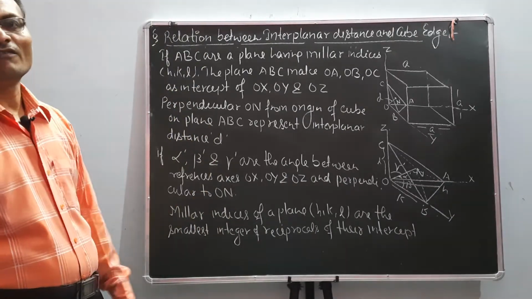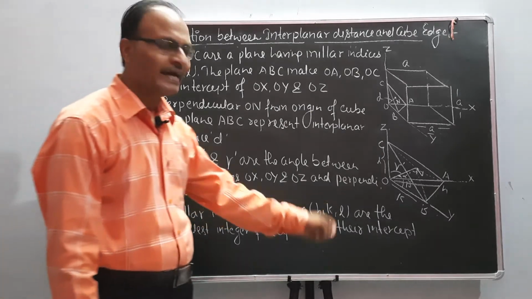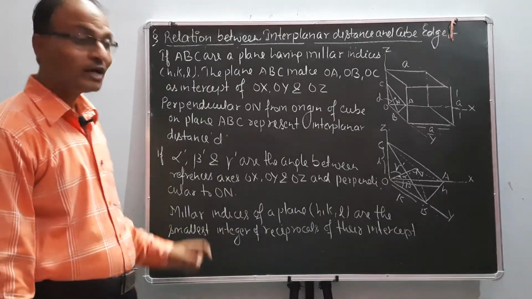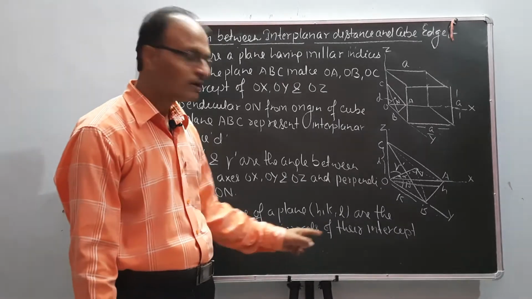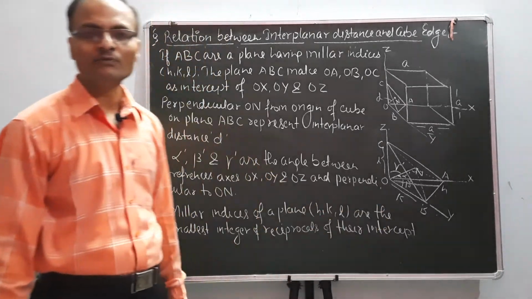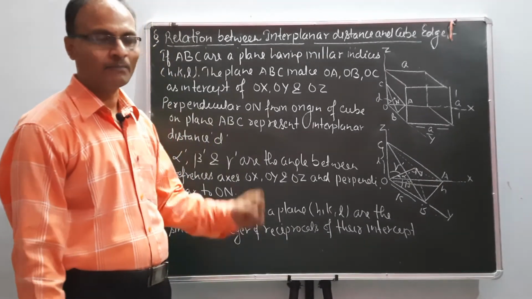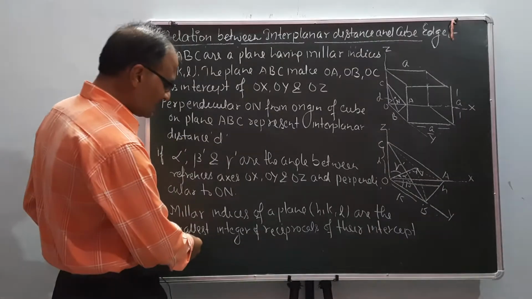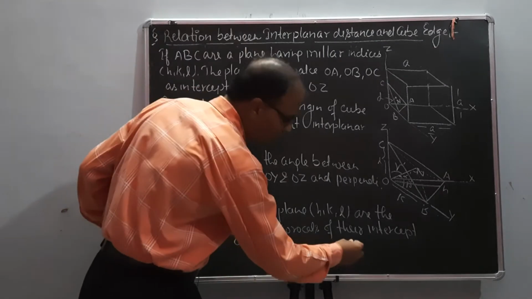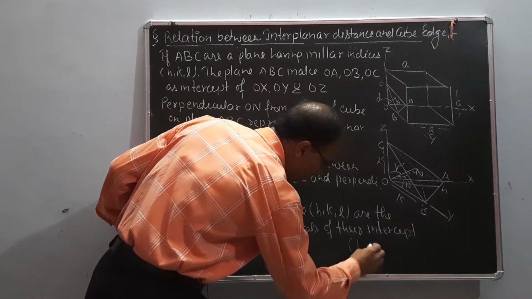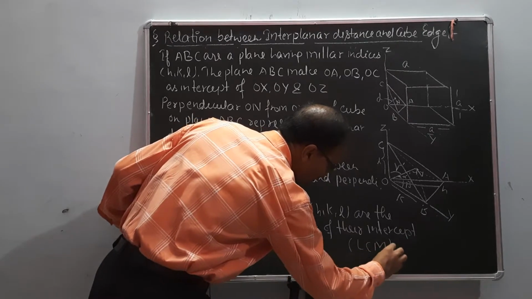Miller indices of a plane HKL are the smallest integers of the reciprocal of their intercepts. Reciprocal means inversely proportional, 1 upon. So, for the smallest integers, we can calculate the value using LCM, lowest common multiple.